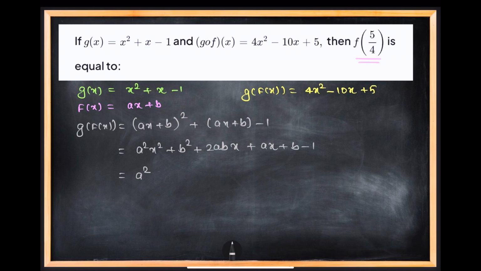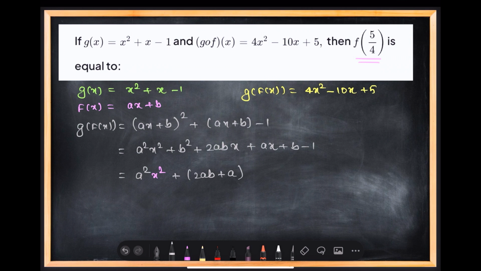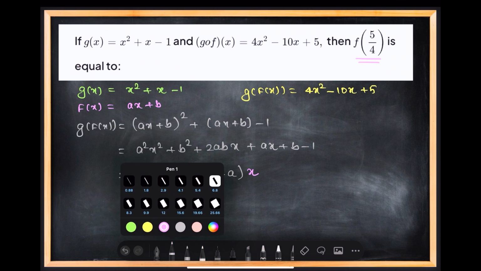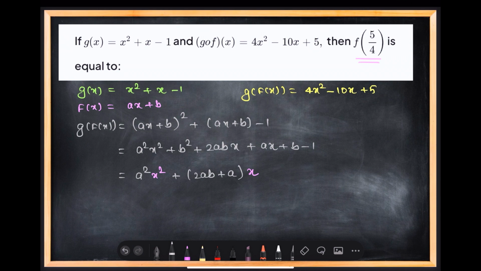So we have a square x square. Now the coefficient of x, I will be writing x, so it is 2ab plus a, right? Then the constant part is b square plus b minus 1.